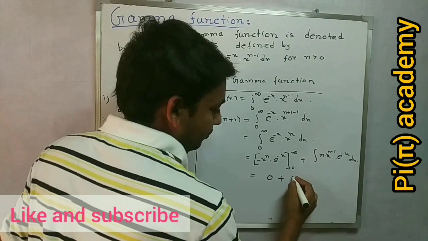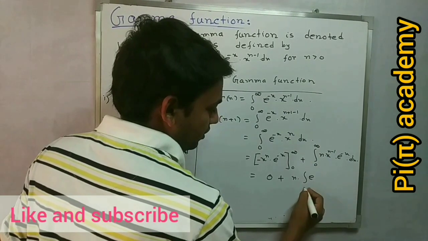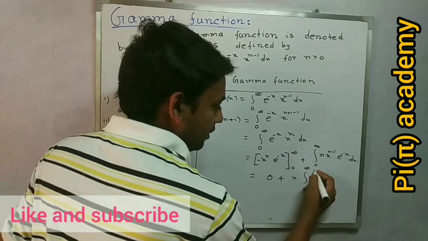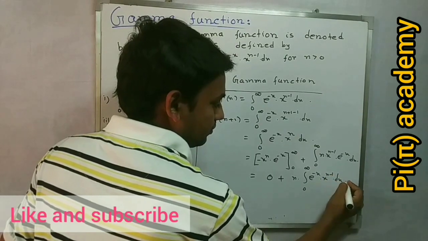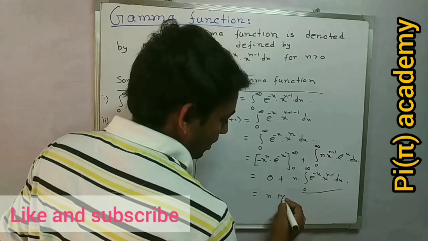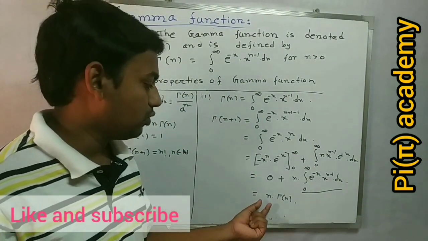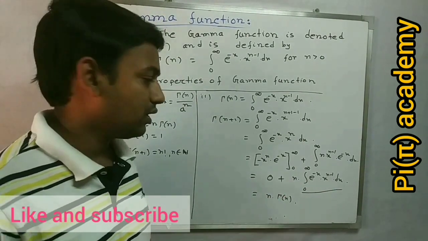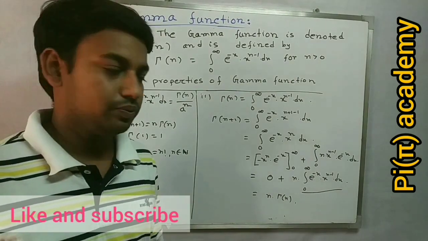So 0 plus n into the integral from 0 to infinity of e to the power minus x, x to the power n minus 1, dx. This implies n into this, which is also gamma n. Therefore, gamma n plus 1 equals n into gamma n.